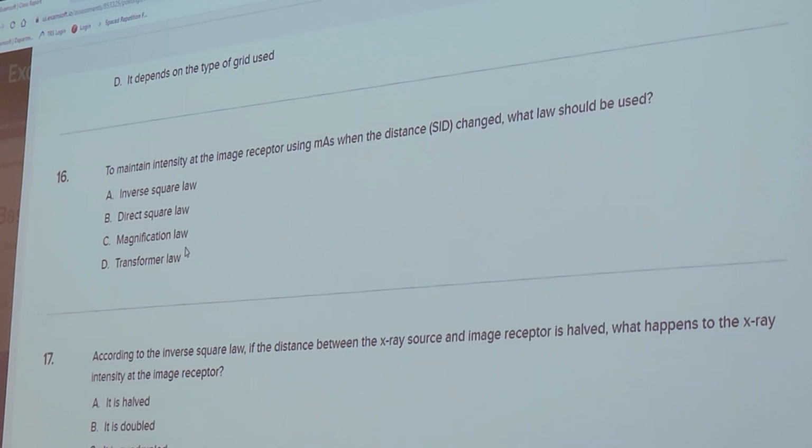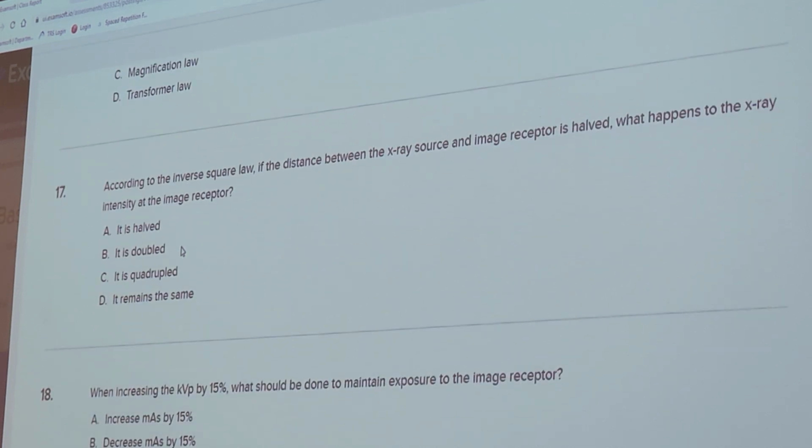Number 16. To maintain intensity at the image receptor using mass, when the distance SID changes, what law should we use? It's talking about mass. Direct. Direct, right? Awesome. Because you see maintain and you see mass in there as well. Alright, number 17.